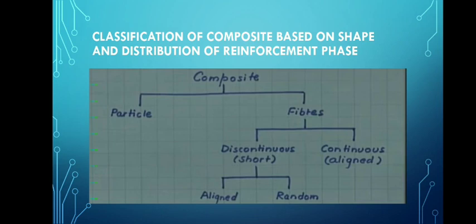The reinforcing fiber can be either discontinuous or short fibers, or it can be continuous, long fibers which are aligned. The discontinuous short fibers can also be aligned or random. So depending on the orientation and shape of the reinforcement, we can classify the composite into different classes as shown here.